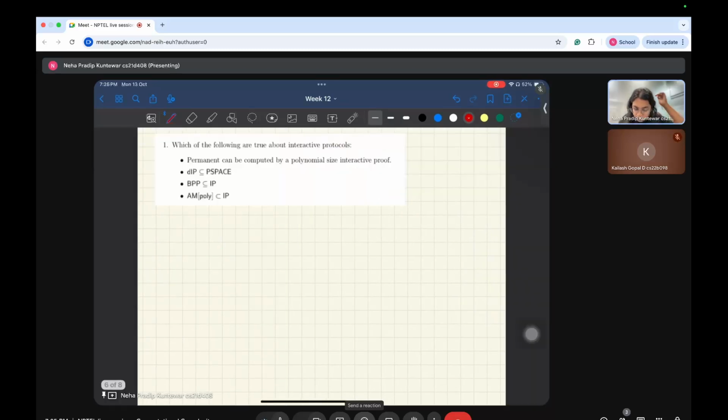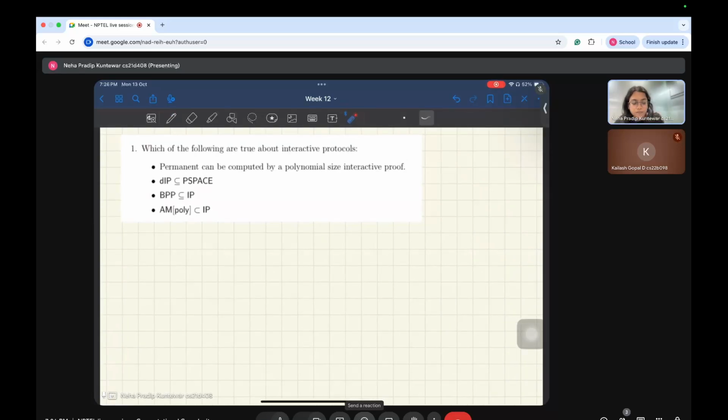So moving on to the questions. Here are a few statements about the interactive proofs IP, and we want to identify which of these are true. Multiple of them could be true.